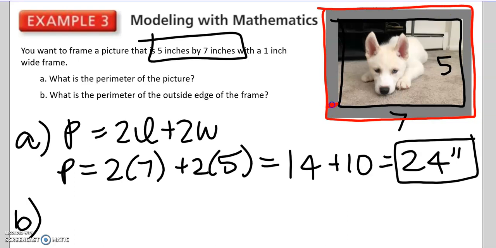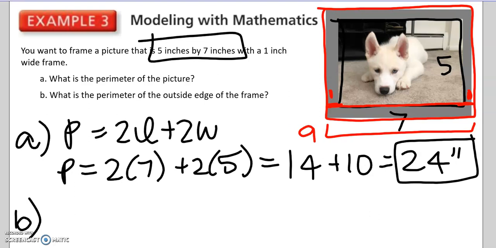Do you remember how wide the frame was? 1 inch on both sides, right? I can go ahead and say this piece is 1 inch, and then I have 7 inches. That's the length of the picture, and then I have 1 more inch. So now, what is my new length? 1 plus 7 plus 1 gives me 9 is my length.